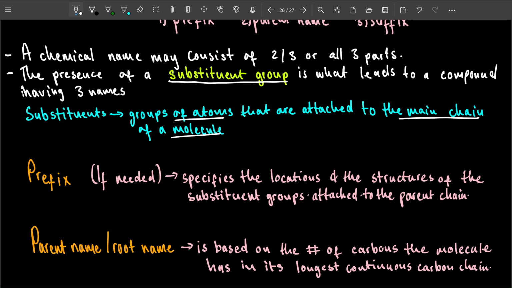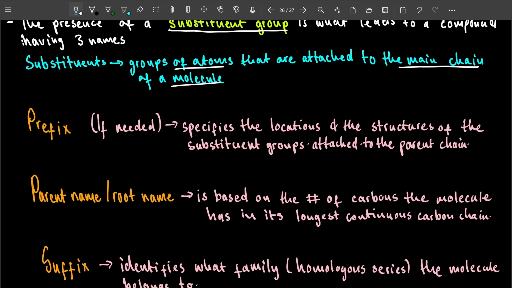And if they are present, you are going to have to give your name a prefix. Now, what will the prefix tell you about this substituent? It will tell you its structure, what substituent is there, and it will also tell you its location on the main chain or on the parent chain.